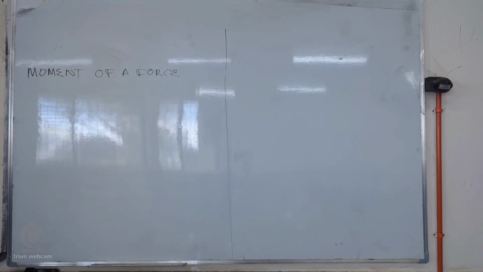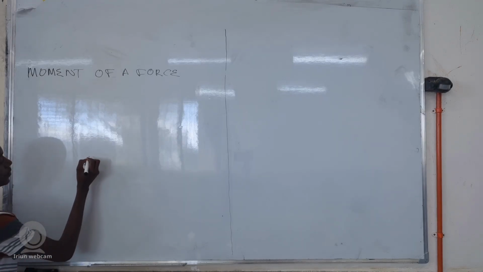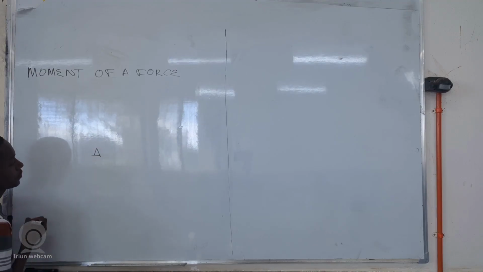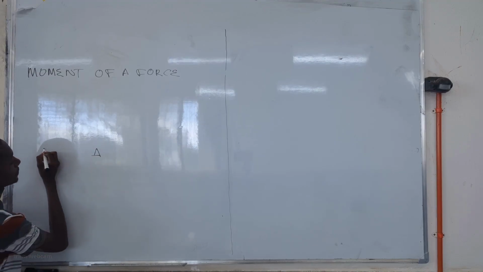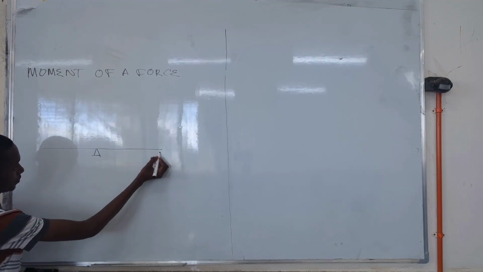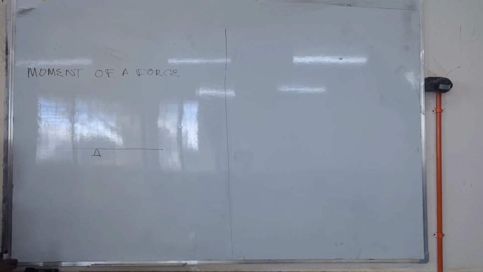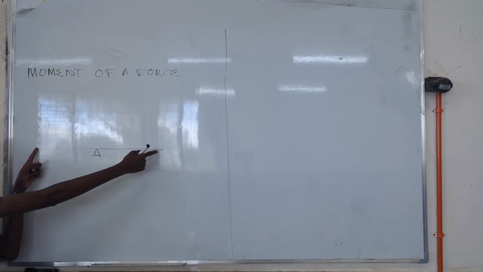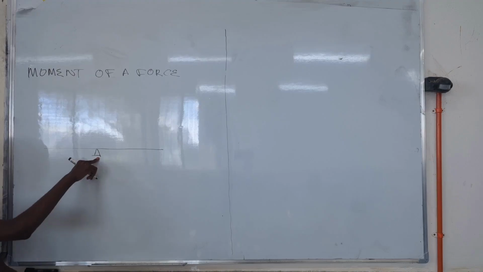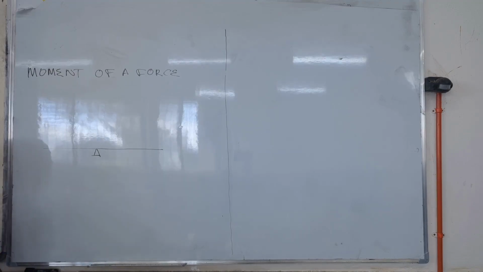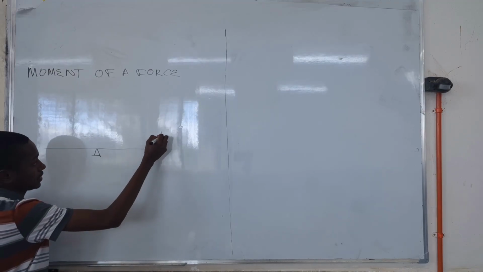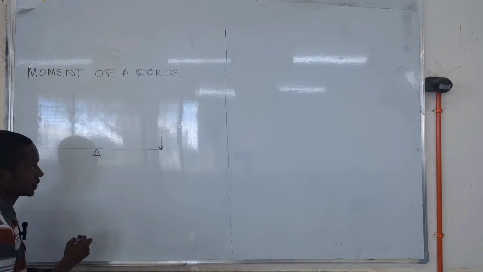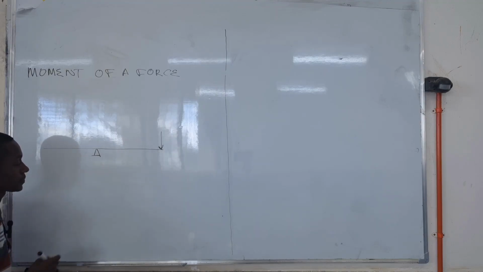that's more inclined to 2 dimensions. So what we're simply saying is, let's say we've got a pivot here, and we've got something here, and this object is pivoted here, right? And there is a force acting here.